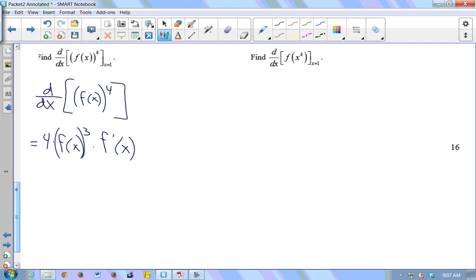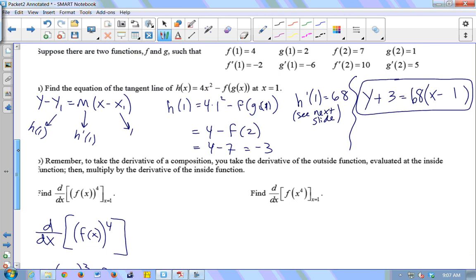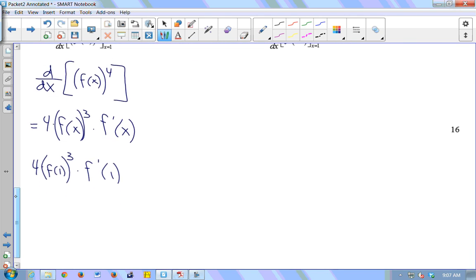And then they want me to take this evaluated when x equals 1. So if I plug in a 1, I get 4 times f of 1 cubed times f prime of 1. So let's see, f of 1 is 4. 4 cubed is 64.